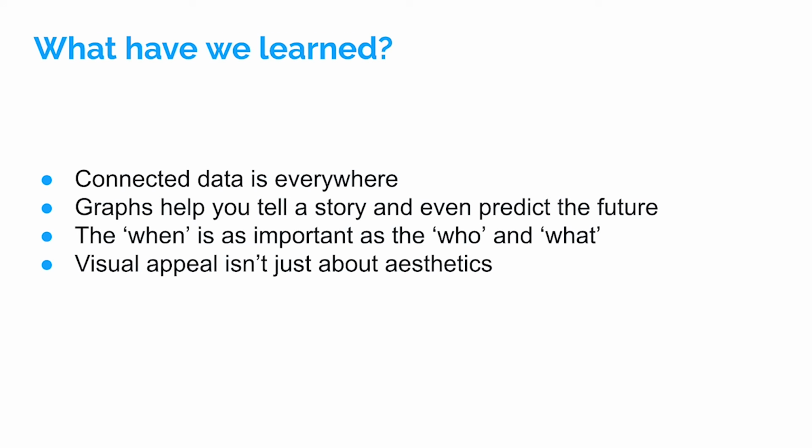Timelines are a really important component to graph visualization because you need to understand the when and not just the who and what's connected to what else. And then the visual appeal, looking at these things, needs to be powerful. You need to better understand what you're looking at by tying visual properties of your graph to physical properties of the data that you're collecting.